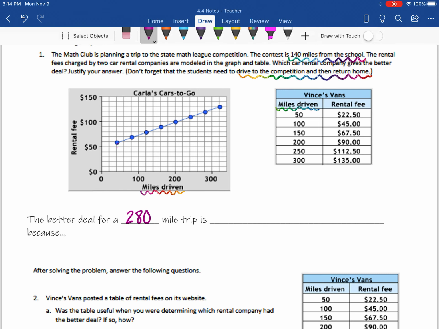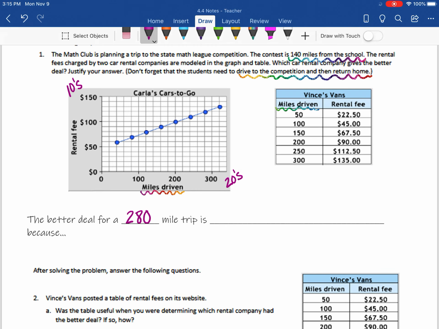So it looks like I'm counting by 20s on the x-axis. So 20, 40, 60, 80, 100. Okay, so I'm counting by 20s on the x-axis. And then it looks like 1, 2, 3, 4, 5 on the y-axis. So 0 to 50, 5 spaces means I'm counting by 10s on the y-axis.